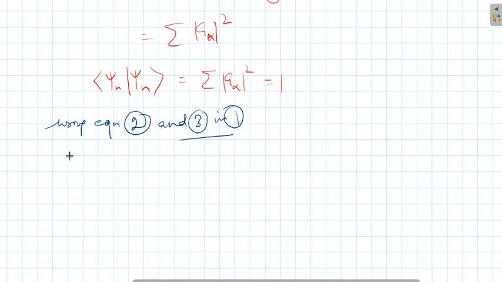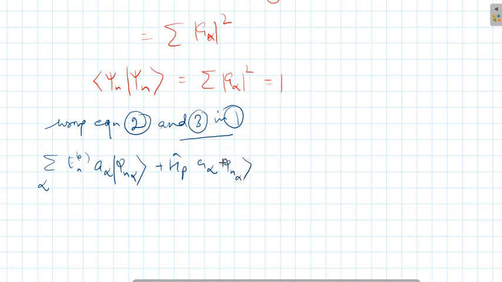It's summation over alpha, En0 or En naught, A alpha phi n alpha, plus HP, A alpha phi n alpha ket, must be equal to En, summation over alpha, A alpha, phi n alpha.